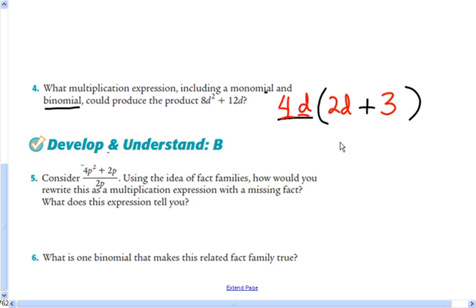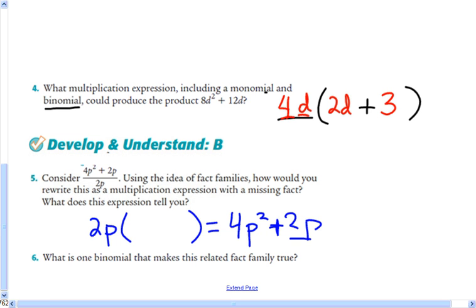So we're looking to divide 4p squared plus 2p by 2p. So we can think of it as this: 2p times what is equal to 4p squared plus 2p. And right away, I notice that I have 2p here and I have 2p there. So the only way I can get that is if I multiply by 1, because multiplying by 1 gives it the same thing. So that part's 1.